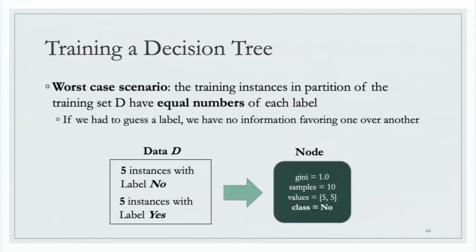So if I had to make a random guess, I'd basically just do a coin flip because I don't favor one over the other. We want to try to avoid situations like this. Anytime we have not all of the instances with one label, that's what gives us the nodes of the tree that aren't leaves. But hopefully we never have a node that has this amount of uncertainty in it.